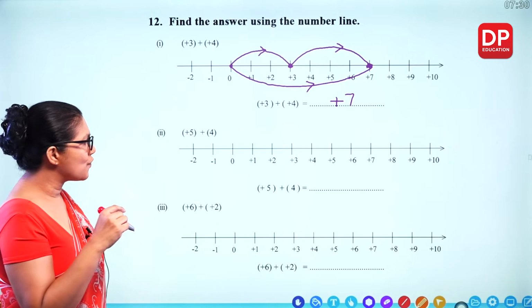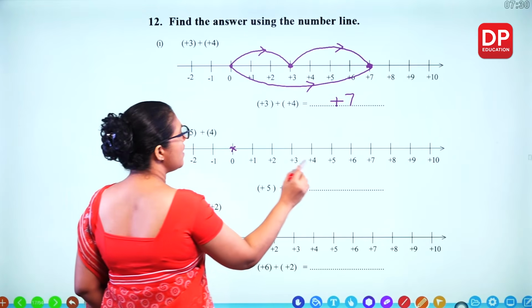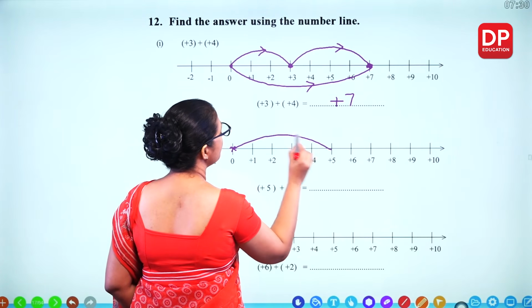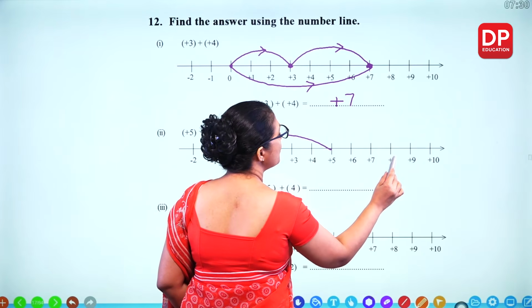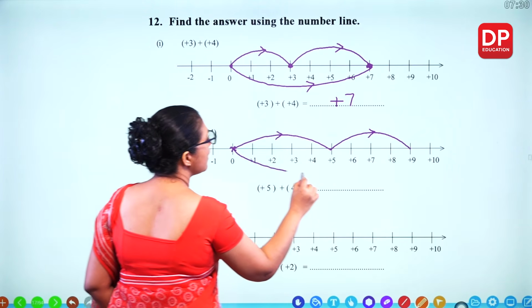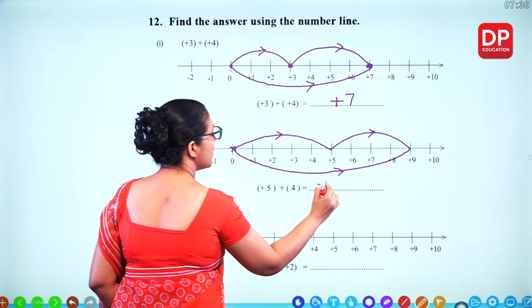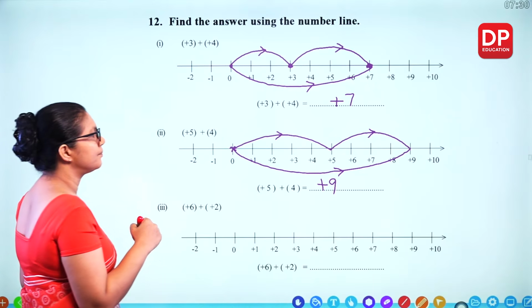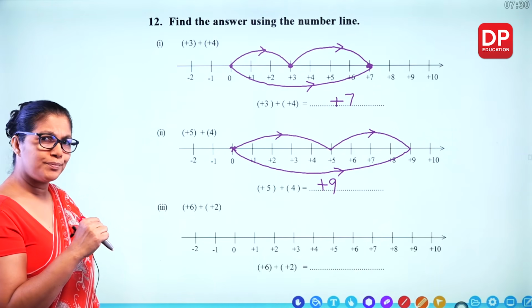Plus 5 and plus 4. Starting from initial point, 5 places to the right. And then another 4 places: 1, 2, 3, 4. So what's the final answer? That's plus 9. This one, try. Plus 6 and plus 2.